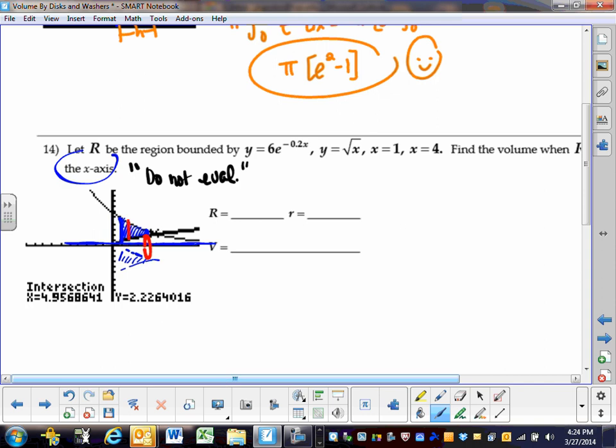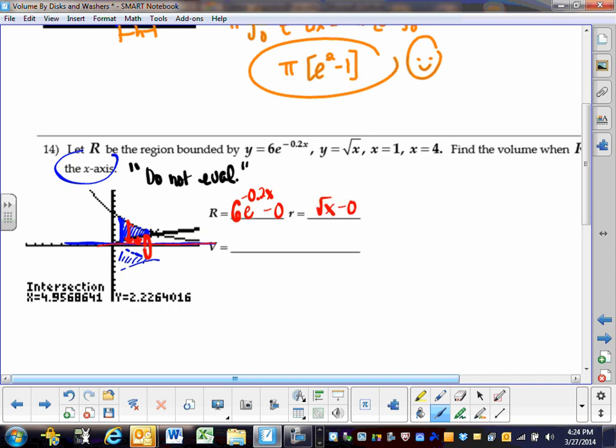So I always go from my original curve to the center. So the outside radius is the 6e to the negative 0.2x down to the y equals 0 axis. So the x-axis here. And the inside radius is the square root of x minus the 0.